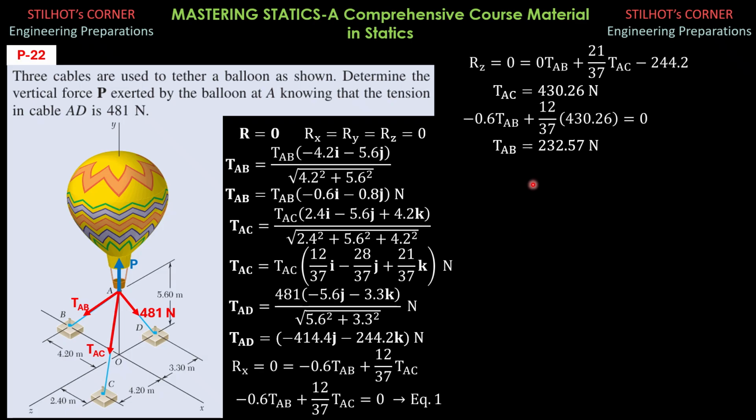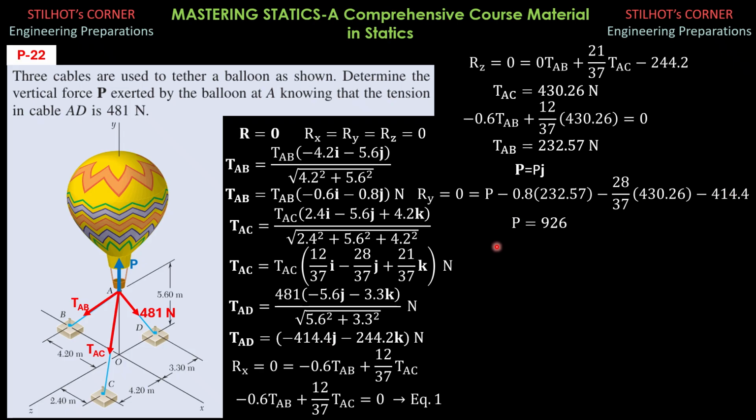So Ry is 0 equals P minus 0.8 tension AB, and tension AB is 232.57, then minus 28 over 37 of tension AC, and tension AC is 430.26, then plus negative 414.4. So solving for P is equal to 926.1 newtons.